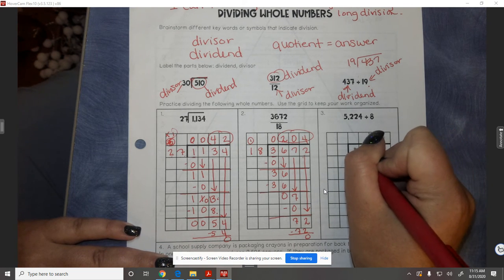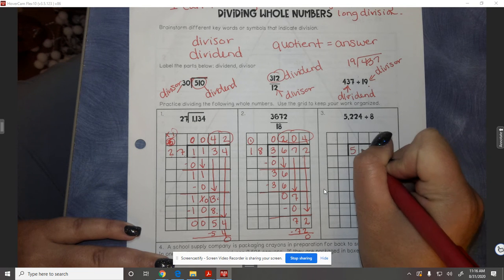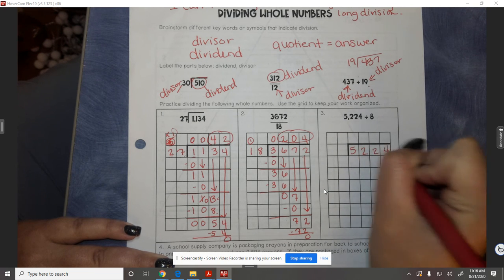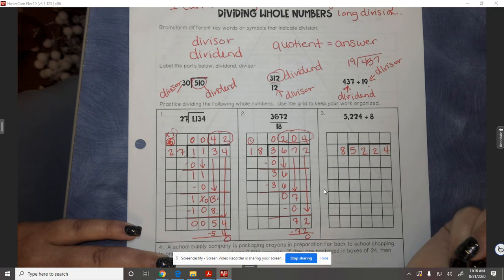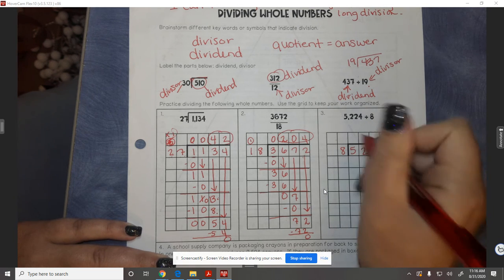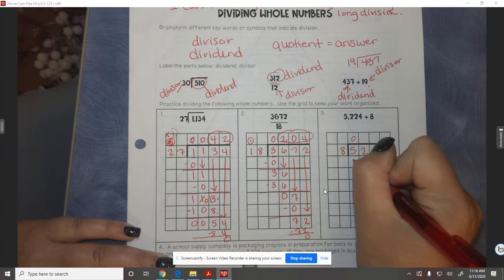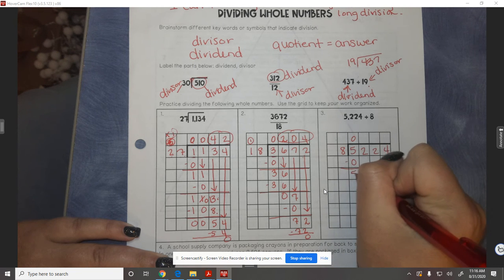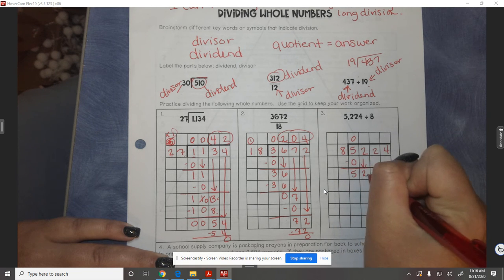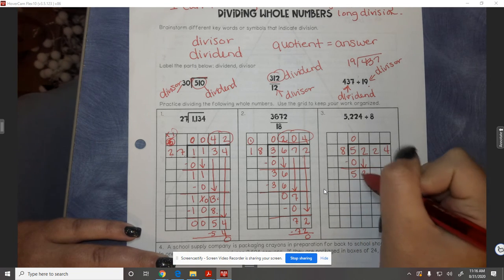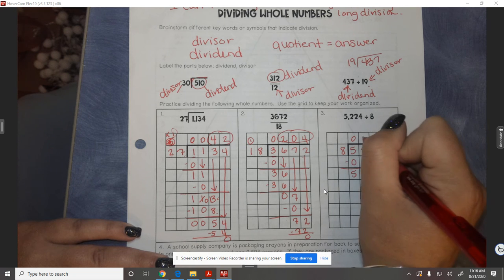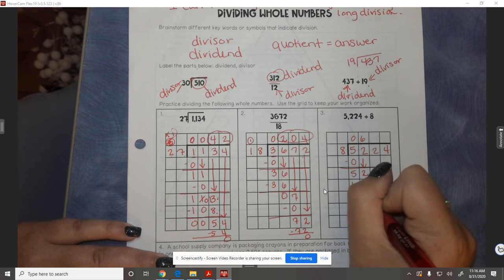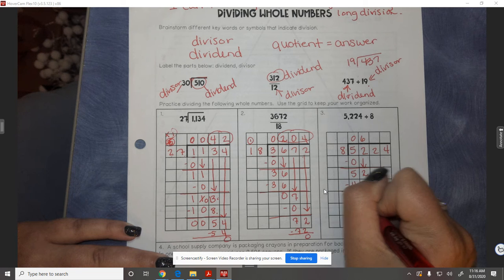Alright, so inside the house should be 5,224 with 8 on the outside. 8 cannot go into 5, so it's going to be 0 times. Bring down my 2. 8 can go into 52 6 times. 6 times 8 is 48.